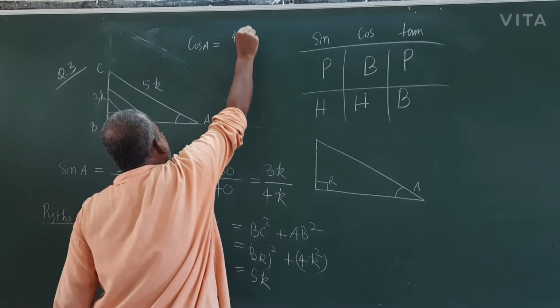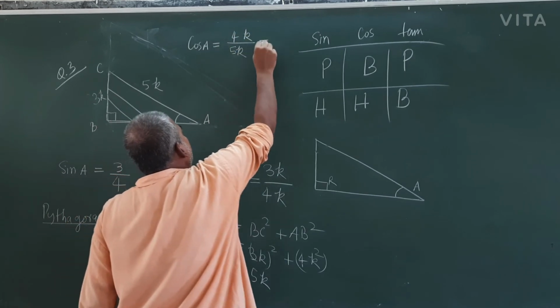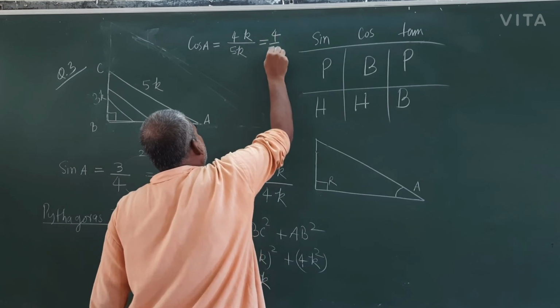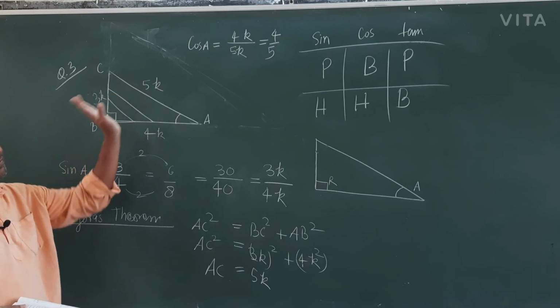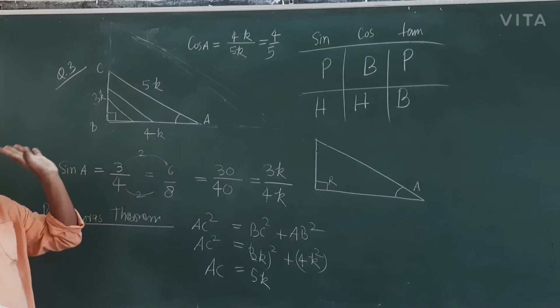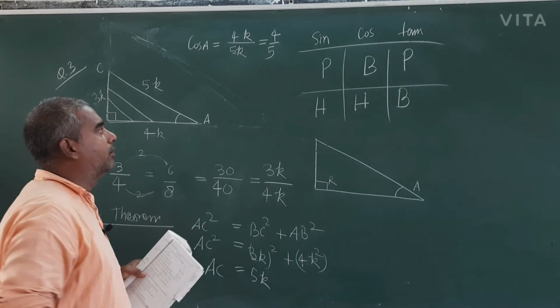So 4k upon 5k is equal to 4 upon 5. Some students don't use k, only 3, 4, 5. That is correct, but not so good. You should use k for these questions, and that is why it is in your book.